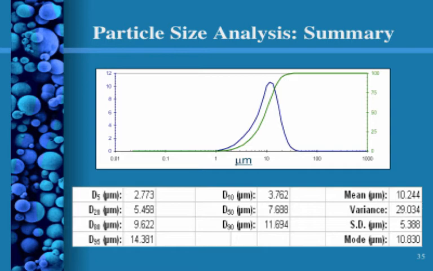D10 means 10% of the particles have a diameter below about 3 microns. D90 means 90% of the particles have a diameter below about 11 microns. And then of course D5, D20, D80. That's what the terms D10, D50, D90 mean.